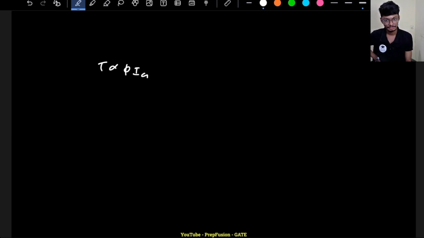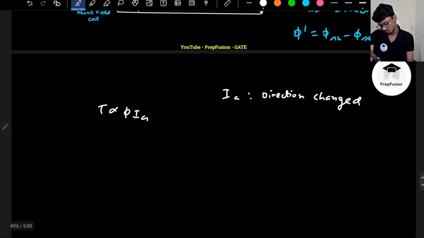Armature current is now negative, so it has reversed, right? Current direction changed. Okay, what about the flux?